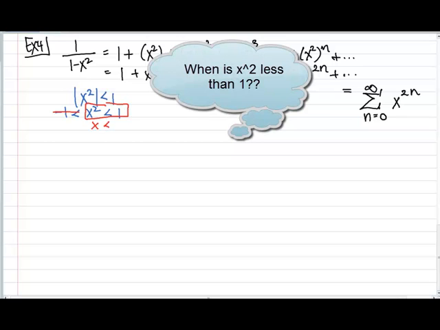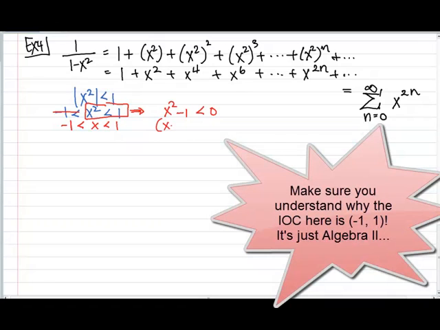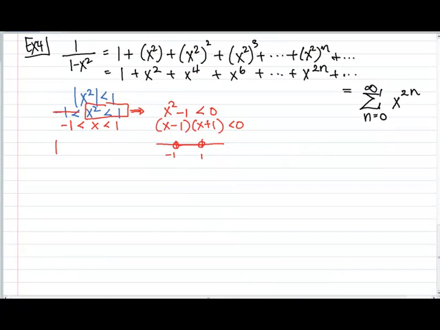That would actually mean x has to be between 1 and negative 1. If you're going to struggle with this, you might want to subtract it, put it on the other side, factor, and do your little test interval. And you'll notice that you actually have to be between here. So your IOC here is between negative 1 and 1.